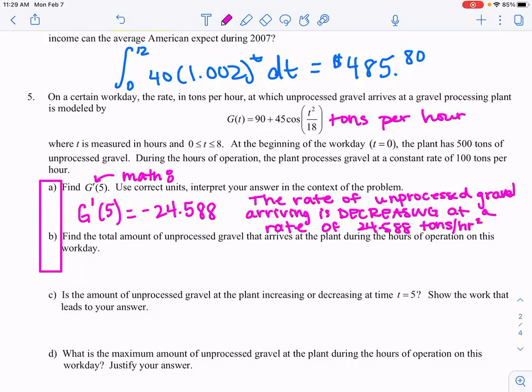Now we're in tons per hour per hour. So tons per hour squared. We took the rate of tons per hour and we took its derivative per hour. So it's tons per hour per hour.